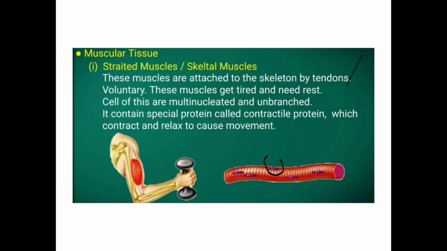Look, one cell has many nuclei. And they are unbranched, there are no branches in the cell. It contains a special protein called contractile protein, which contracts and relaxes to cause movement.